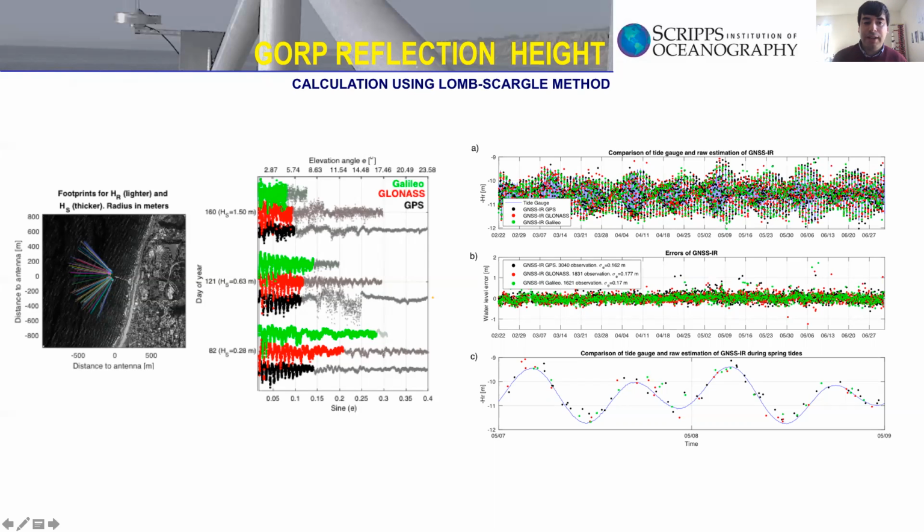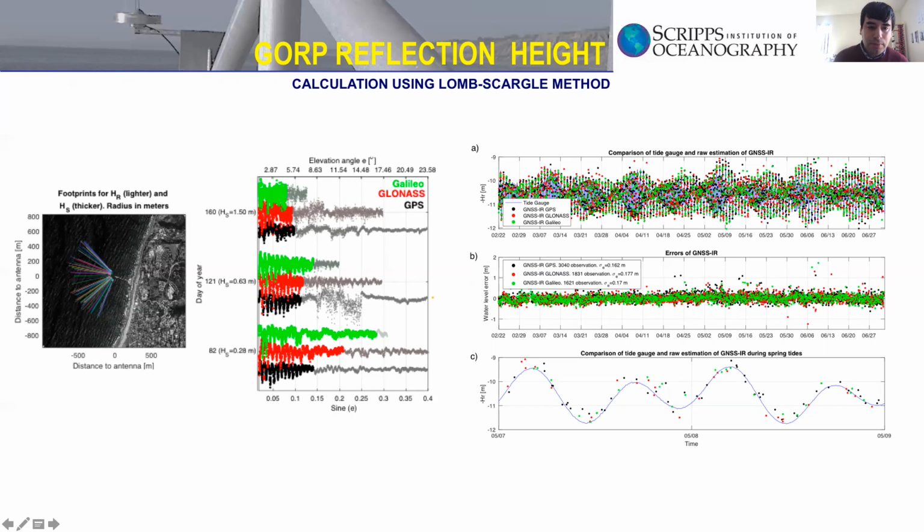After defining that criterion, we used a very simple analysis, using the frequency of oscillation of this detrended SNR signal and the geometric analysis, to obtain values of the reflection height. We did it for three constellations: GPS, GLONASS, and Galileo.